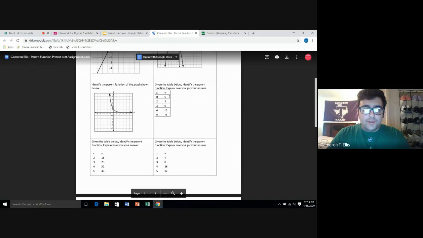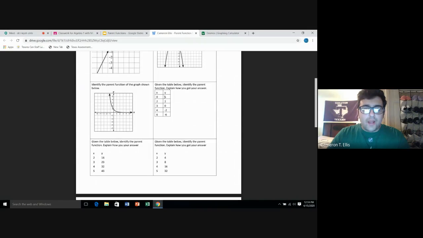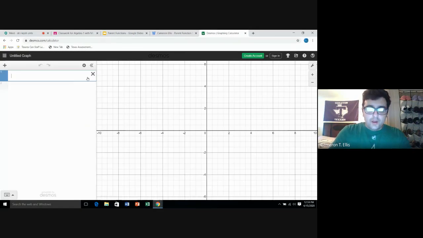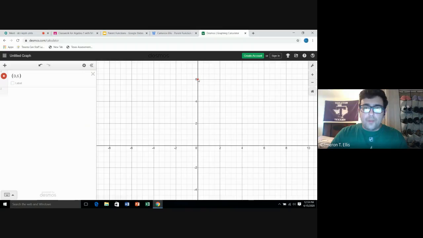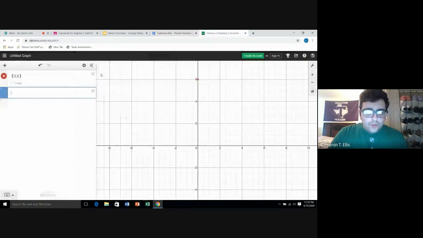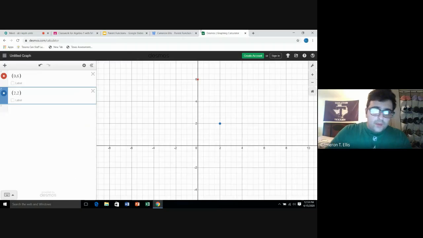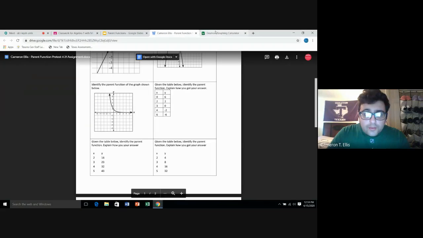So I see I got a 0, 6 in this row, x is 0, y is 6. So what do I go to Desmos and do? Parentheses, right? 0, comma, 6. Like that. And look, it gives me a nice little dot where the point will be on my graph, right? So what's next? 2, 2. Okay. 3, 0.